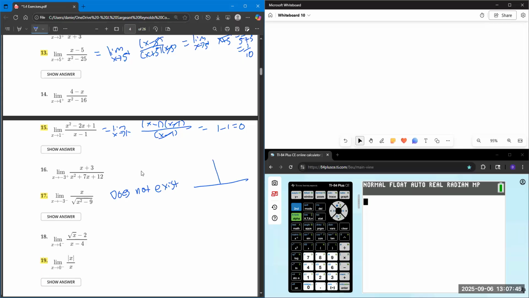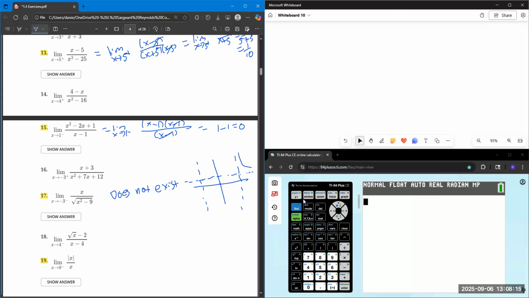Here we have asymptotes at 3 and negative 3 and 0. So we have a horizontal asymptote at 1, and we're going to be above here.